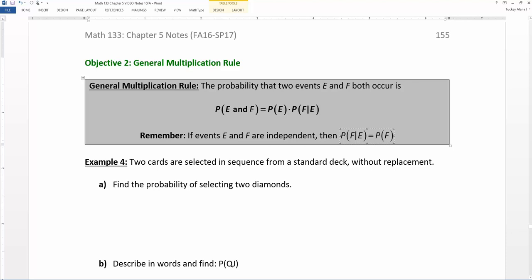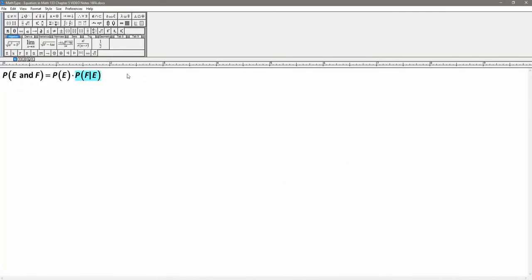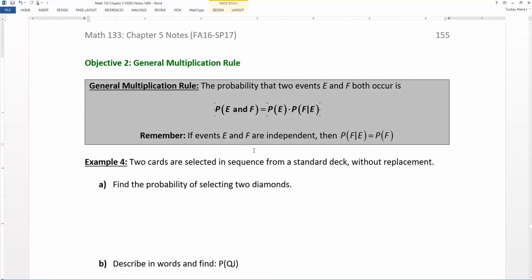Namely, that the probability of E and F is the probability of E times the probability of F. So if they're independent, you can just write probability of F in that right-hand side part.